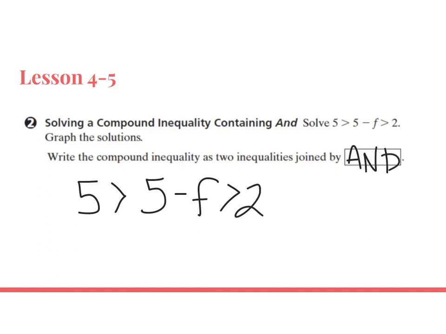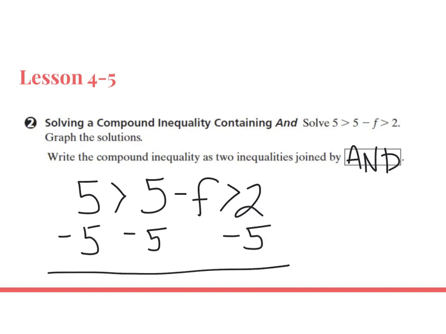So in this case, just like I would if this were a two-step equation, I would subtract 5 from both sides. But in this case, I'm working with actually 3 sides of the inequality mark.